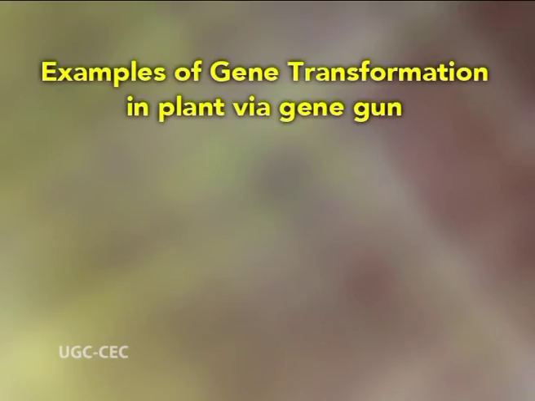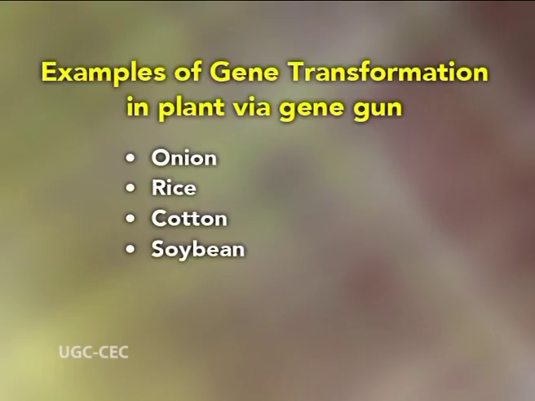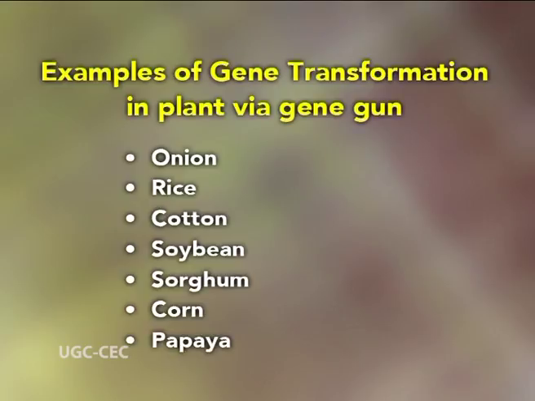This method is simple and has been adapted for studying transient expression of foreign genes as well as inducing stable transformation with useful genes in different crop plants like onion, rice, cotton, soybean, sorghum, corn, papaya, etc.